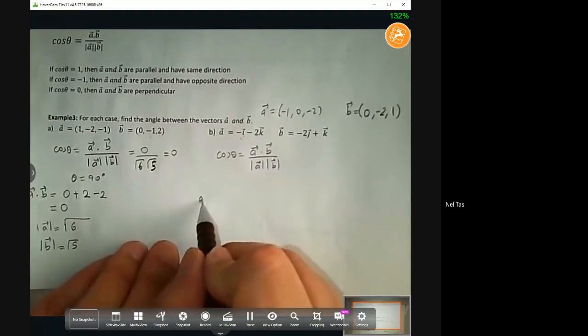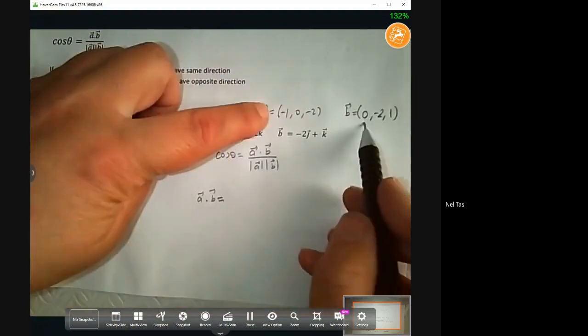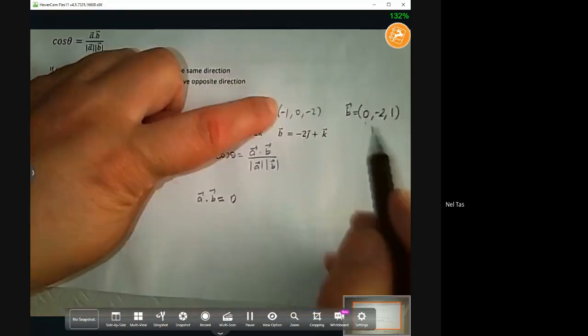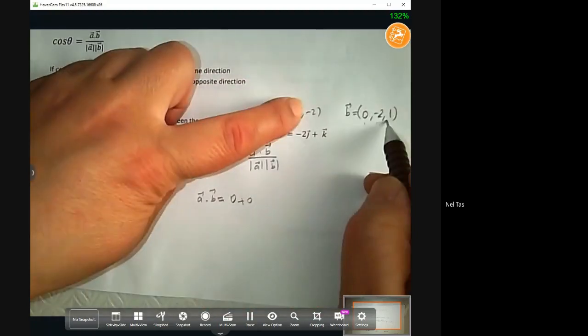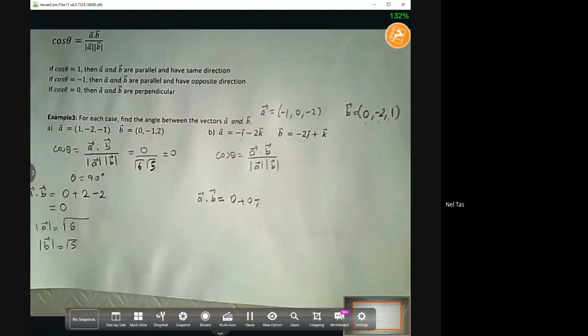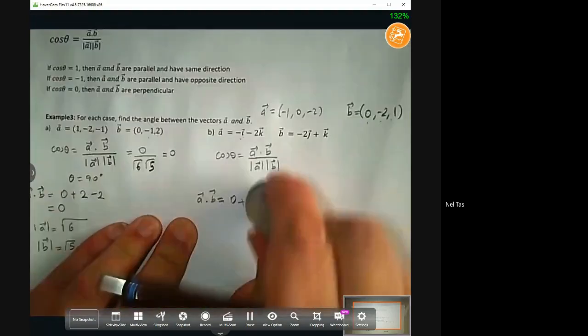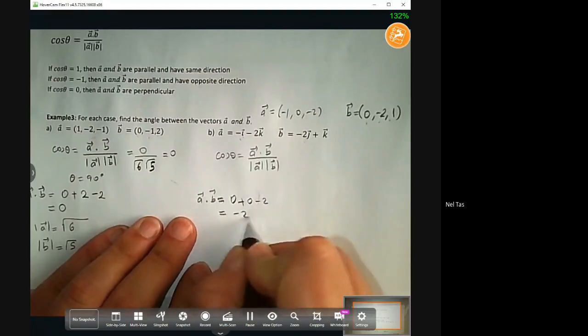So let's do A dot B: -1 times 0, 0, 0 times -2, 0, -2 times 1, -2. So this is equal to -2.